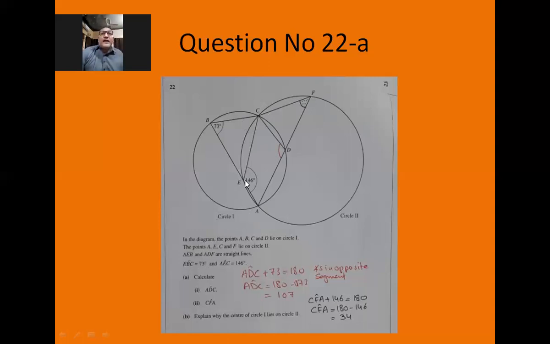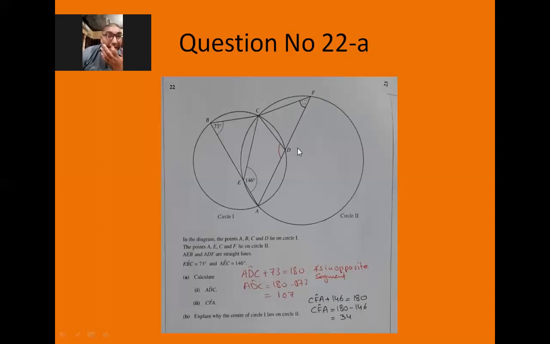So the angle 146 and this angle F are angles in the opposite segment, and their sum will be equal to 180. So angle CFA plus 146 equals 180. The reason is angles in the opposite segment are supplementary. So CFA will be 180 minus 146, and that will be 34. So this angle will be 34.